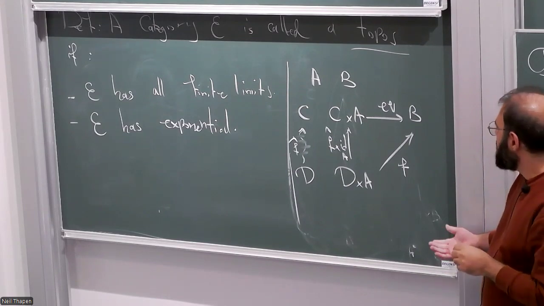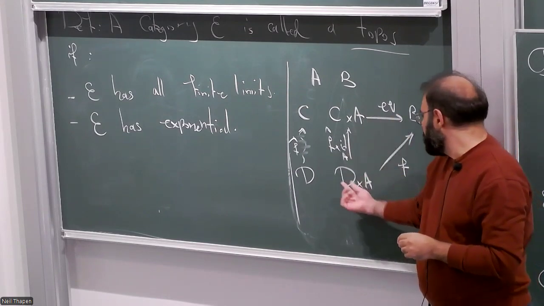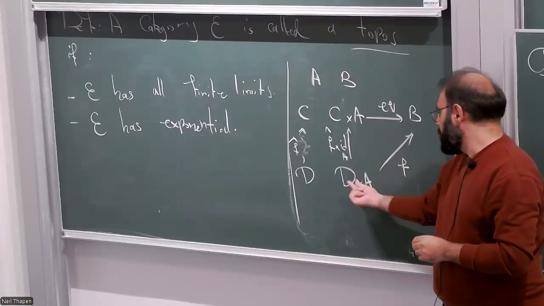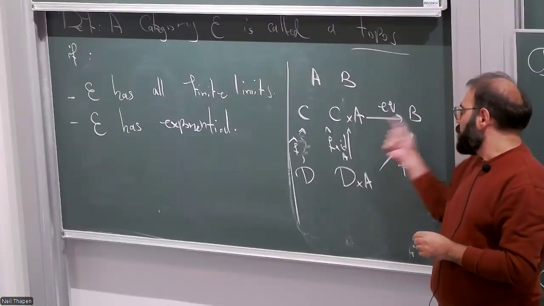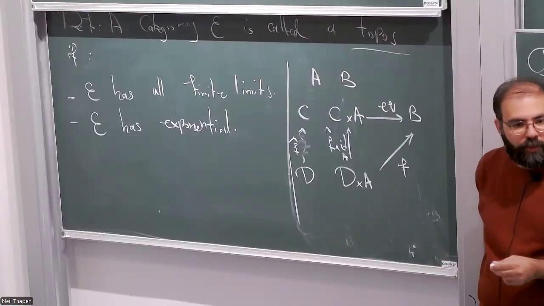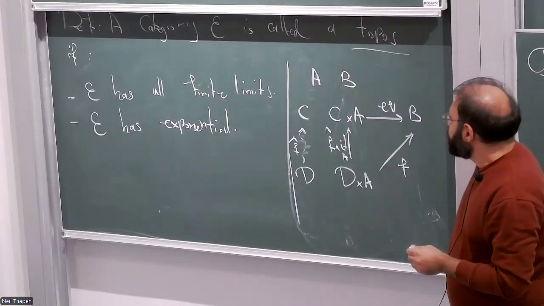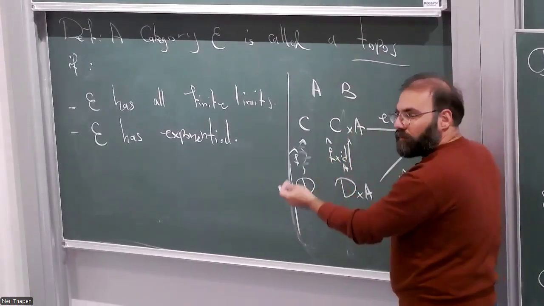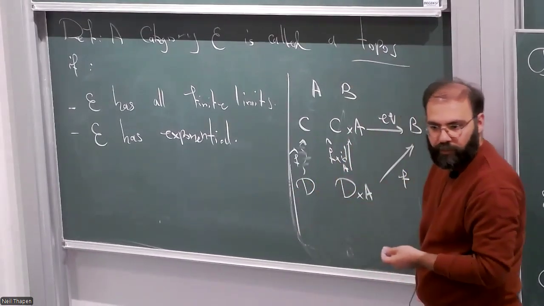So simply I'm saying that you have evaluation and if you have a function from D times A to B, then it induces a map from D to all the functions from A to B, right? Okay. So in a topos, of course, in set, it is just a set of all functions. This is just the usual evaluation.